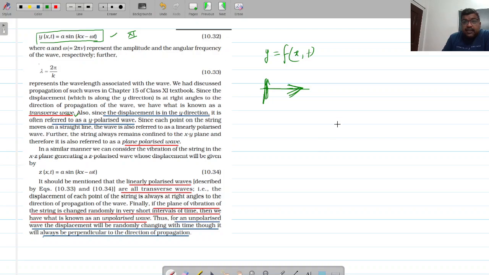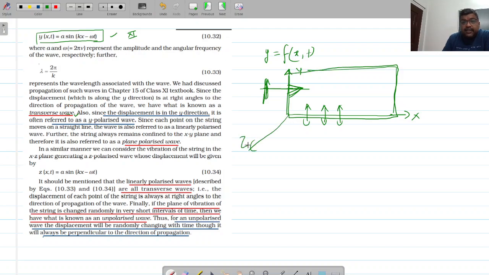See this, this is a string and it is oscillating in this direction. This is your x-axis, this is your y-axis. So basically this is your xy plane. And if this is the z-axis, then this is the xz plane.